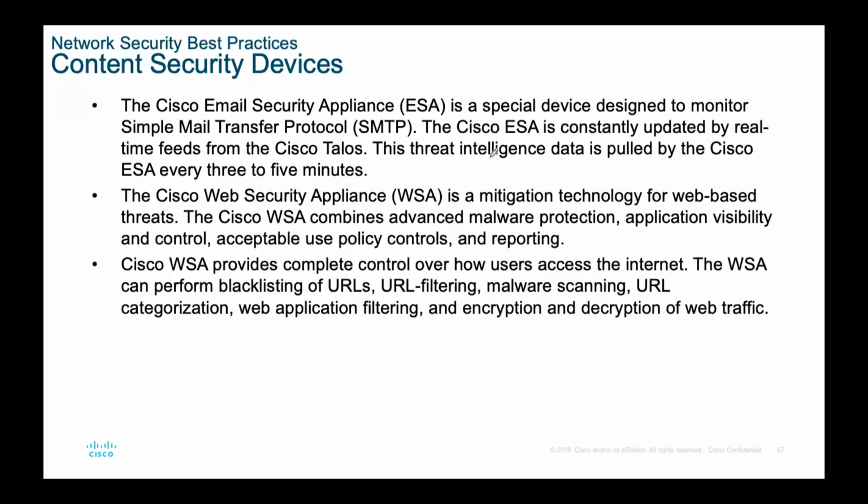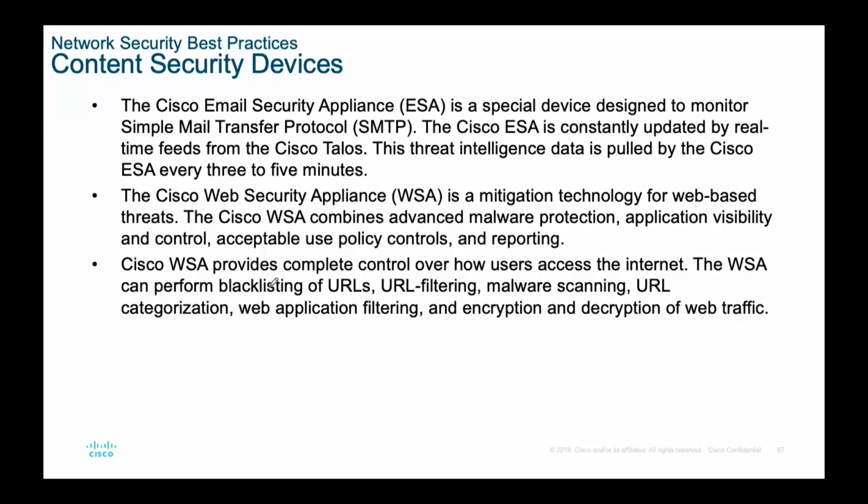The Cisco Web Security Appliance, WSA, is a mitigation technology for web-based threats. The Cisco WSA combines advanced malware protection, application visibility and control, acceptable use policy control, and reporting.